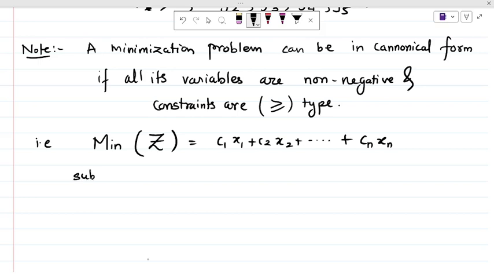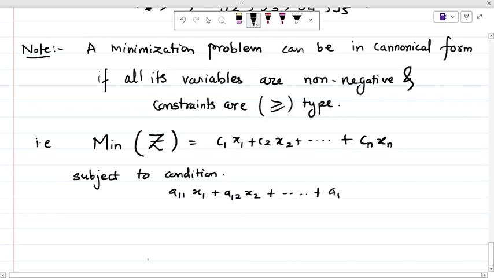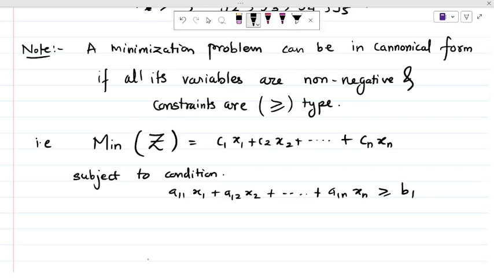Subject to the conditions: a11 x1 + a12 x2 + ... + a1n xn is greater than or equal to b1.